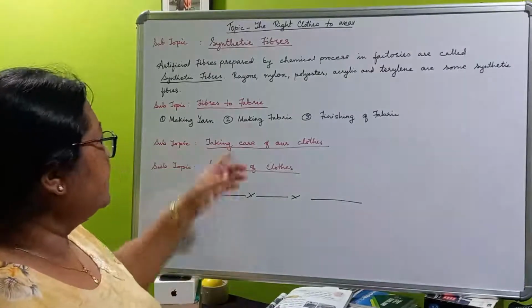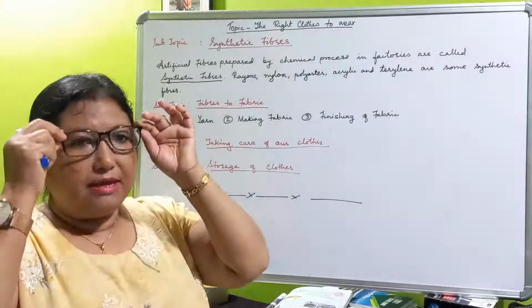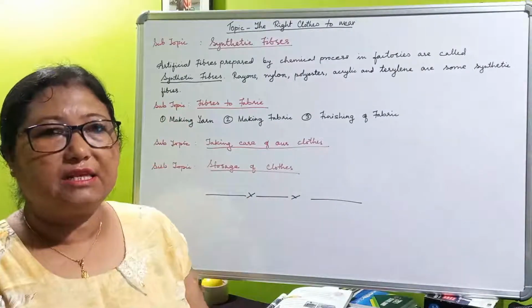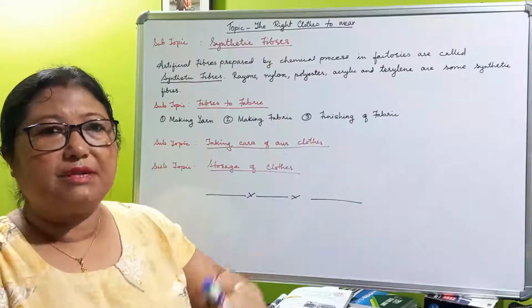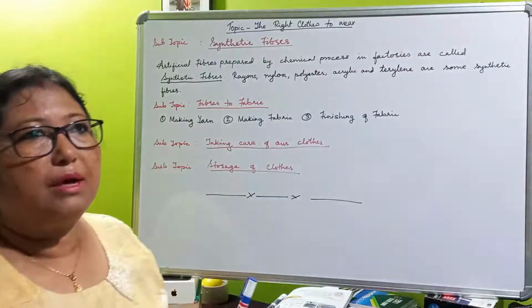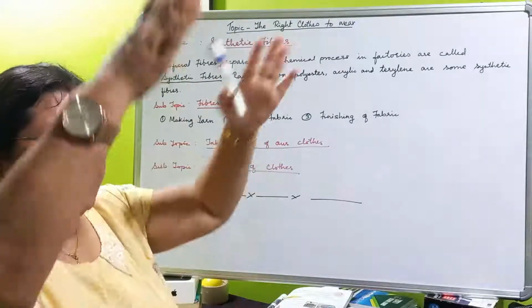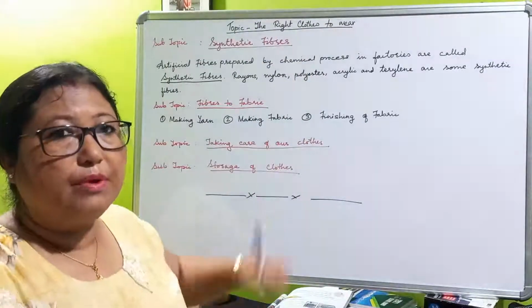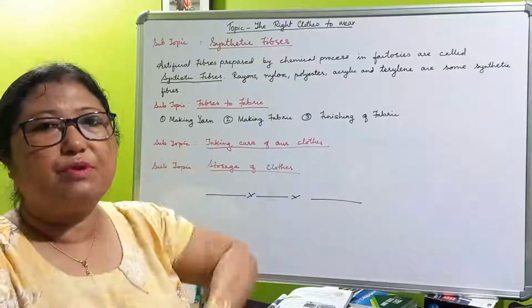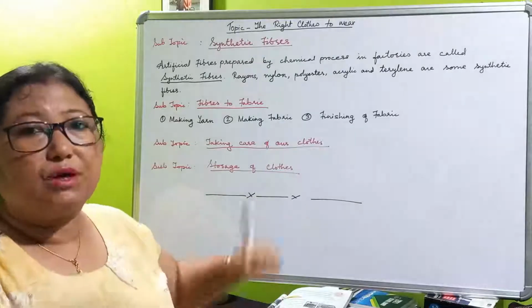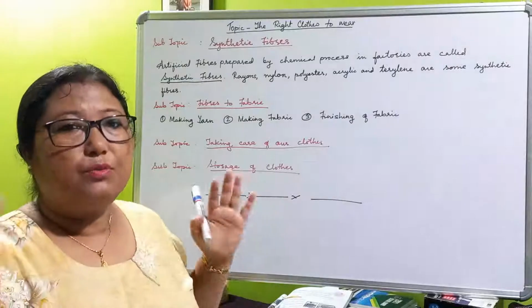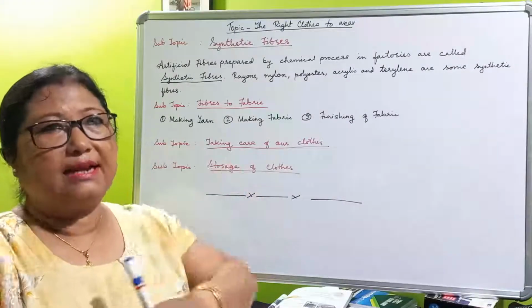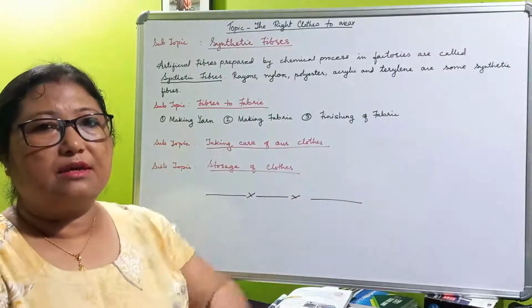So in making fabrics, in olden days, they used to do it on handlooms. You must have seen that some people make one stand like this, and with the help of small thread they weave the clothes. That process is quite slow, and it cannot produce a lot of product.